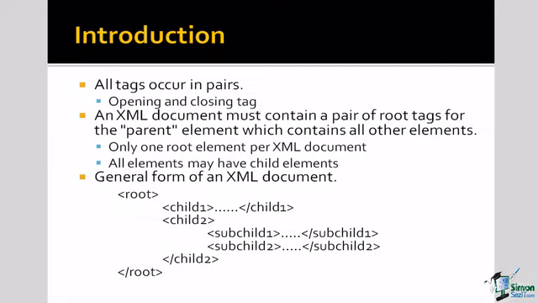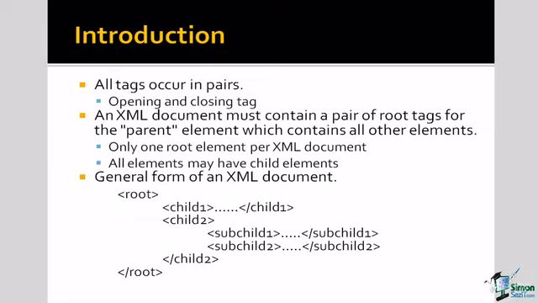Any element may have child elements, so that there may be a hierarchy that exists within the XML document, much like we saw in the previous example with the address tag having child elements of its own. So the general structure of the XML document is the root tag and then any child tags. And a child tag can have subchild tags.